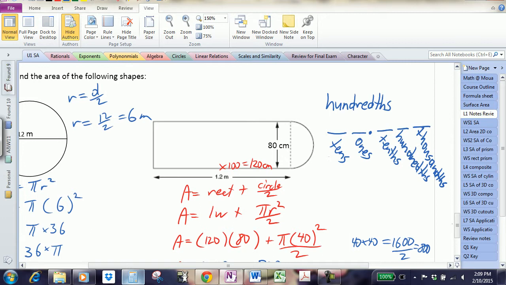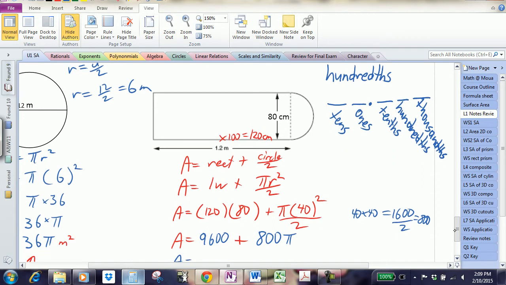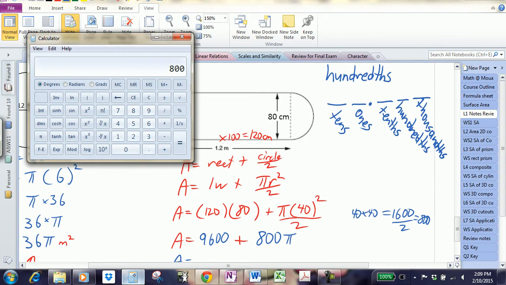Alright, try this on your calculator. You can put it in exactly as you see it, and your calculator will do the multiplication first, then add. Okay, calculators are good at following BEDMAS if you tell it to do BEDMAS properly. Make sure it's 800 times pi. Here's my answer.